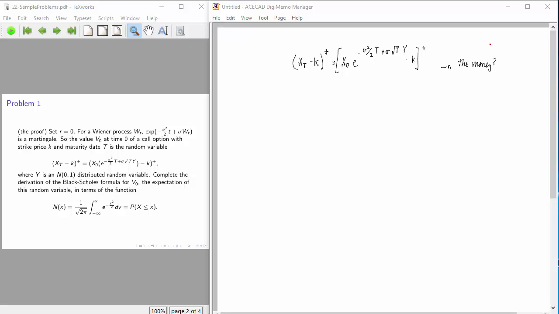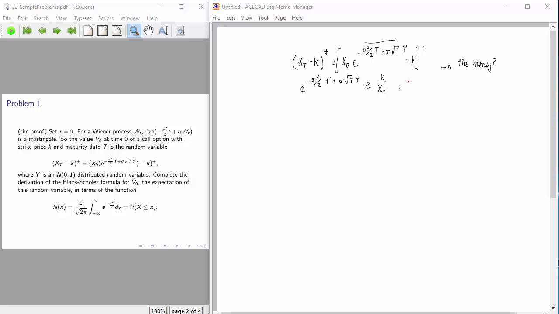Well, that's going to happen, of course, when e to the minus sigma squared over 2 times t plus sigma root t times y, this exponent up here, is greater than or equal to the strike price over the initial fair market value. Now I'm going to try isolating y.